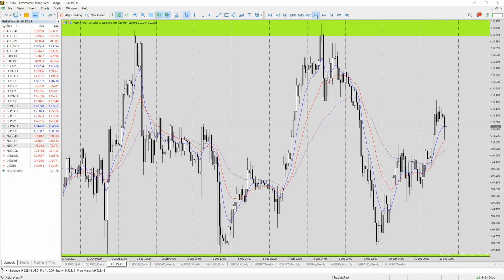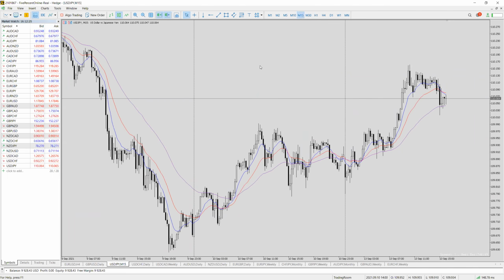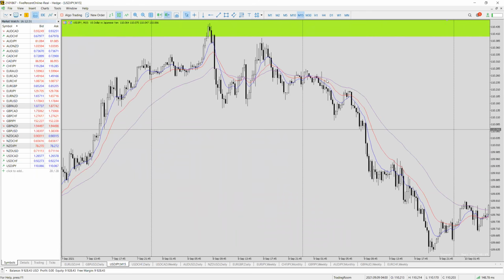For short-term traders, you can always look for swift moves around moving averages, for example, and of course also breakouts. For example, you have a trend line broken, retested, the moving averages are already bearish, and you go short.